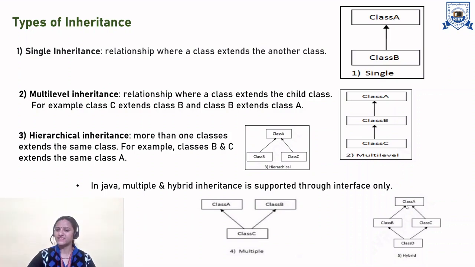And hybrid is a combination of several other types of inheritances. So it creates ambiguity, a confusion. As we know, Java is very simple. There is no confusion. That's why it is not allowing such type of inheritance directly. It is only possible with the help of interface.